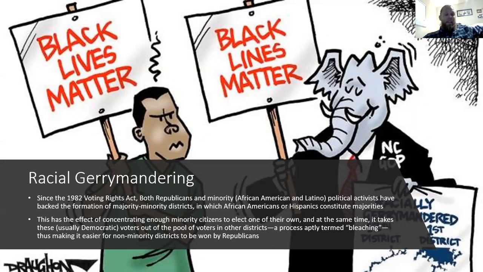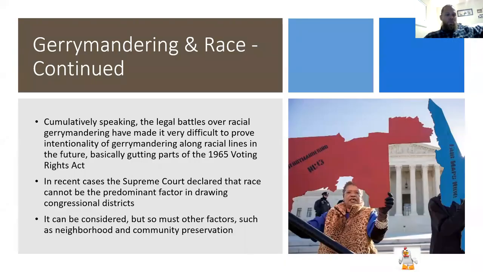At the same time, it takes these now usually Democratic voters out of the pool of voters in other districts, a process that is occasionally termed bleaching, because some people are white, thus making it easier for non-minority districts to be won by Republicans. So again, it's racial or color-based gerrymandering, but it does help certain groups, and it can be used to hurt certain groups, and so on and so forth.